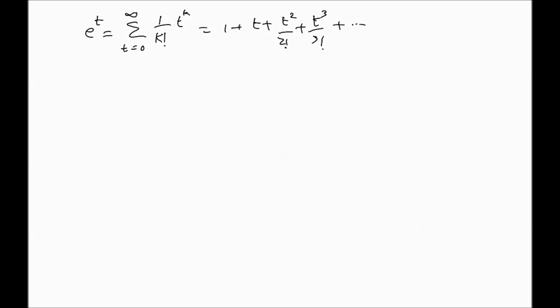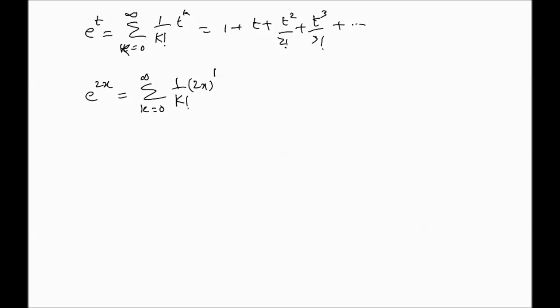This is the Taylor series about x equals 0 that we've already looked at of e to the x, or say e to the t. Now you can use the same one to calculate the Taylor series of e to the 2x about x equals 0 by simply replacing t with 2x.